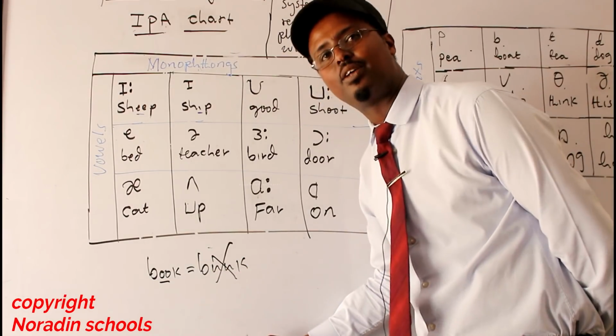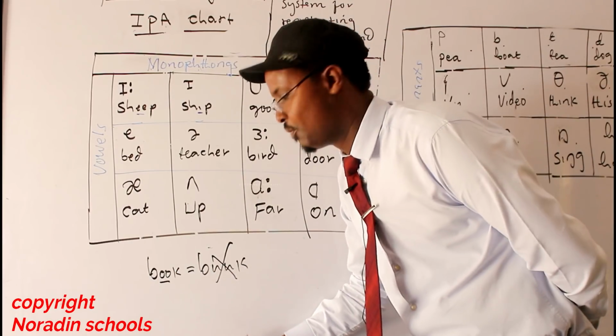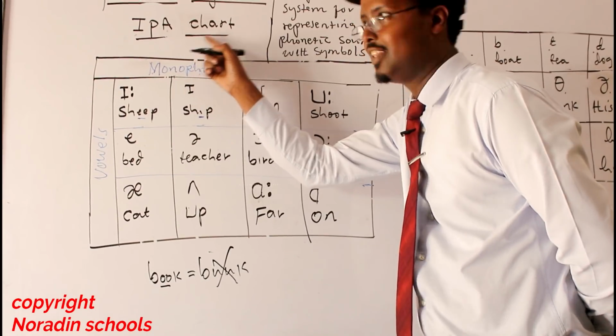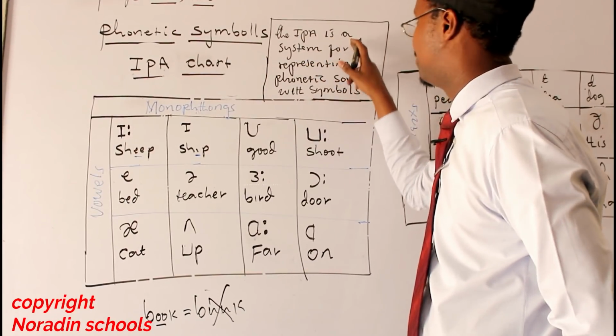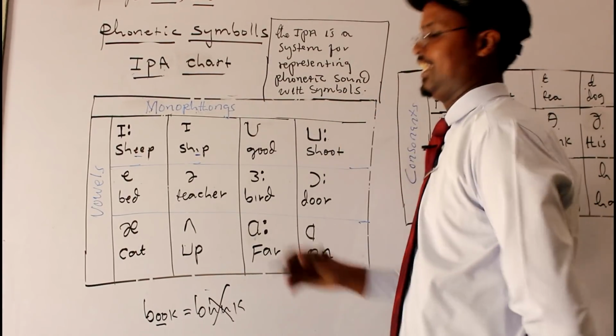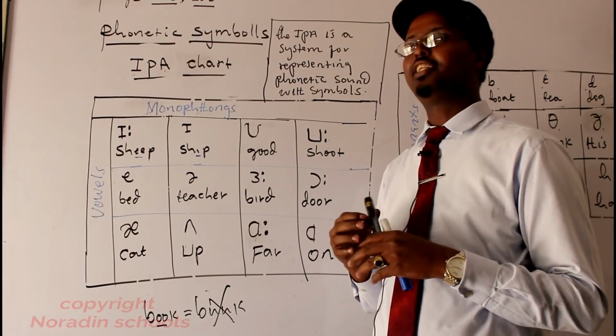So how would you pronounce it? Simply, if you want to know the proper pronunciation of words, you must know what we call the IPA. The IPA is a system for representing phonetic sounds with symbols. Take, for example, some of you are now using a dictionary.